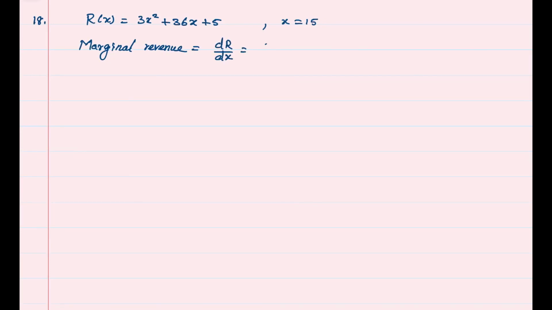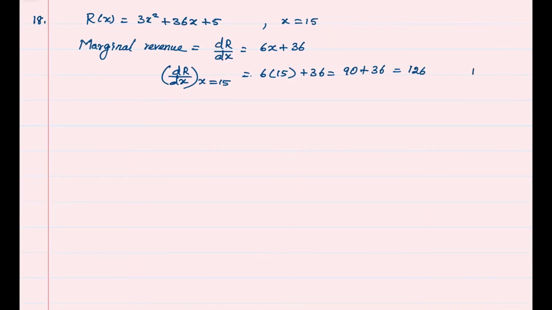The differentiation is 6x plus 36. Now we will find dR by dx when x is 15. 6 times 15 plus 36. 90 plus 36, 126. D is the correct option.